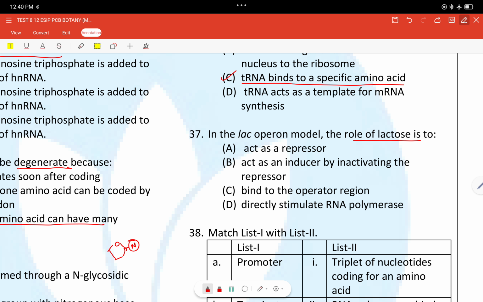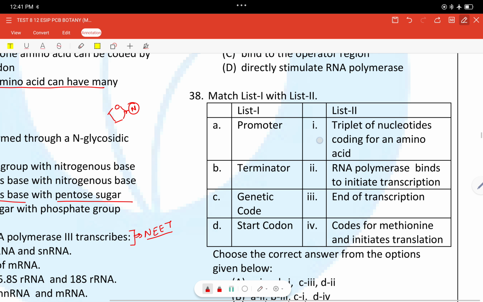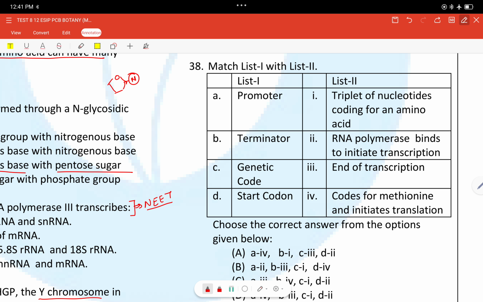Lactose binds to the repressor protein, and hence the repressor protein does not bind to the operator region, and transcription and translation, both processes, take place. So in the lac operon, lactose acts as an inducer by inactivating the repressor. That statement is correct.